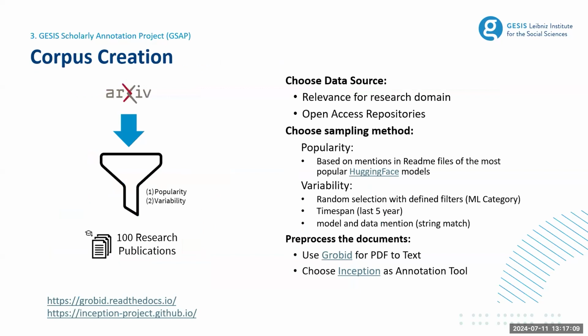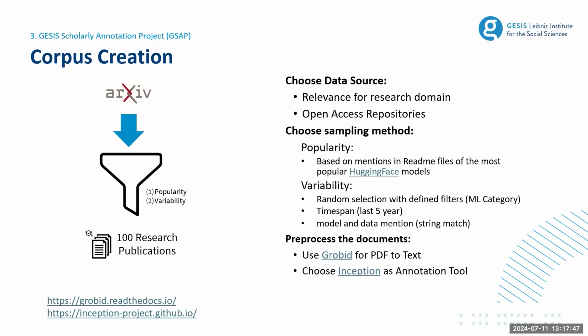For the creation of the corpus, we chose arXiv as a data source because of its relevance for our research domain and because it's openly accessible. Based on this, we decided for two sampling methods. On the one hand, popularity, given mentions of arXiv publications in README files of popular Hugging Face models, and on the other hand, to represent the long tail of the publications, variability.